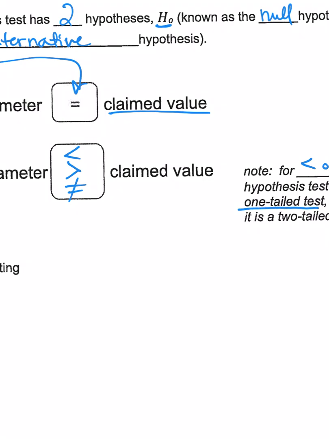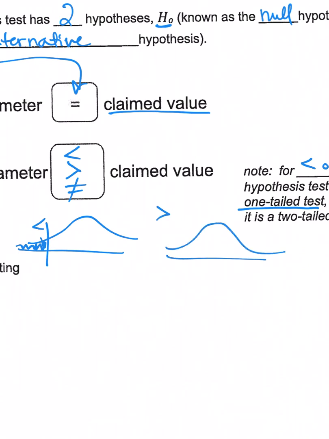Now, for less than or for greater than, this is a one tail. I want you to think about why this is one tail. Less than would look like this. We'd have this line right here, and it would be here. Greater than, you'd be looking at one side. But for not equal to, we have two-tailed, which is both possibilities. Not equal to means it could be either of these ends. So do you see why we call it a one-tailed or a two-tailed test?